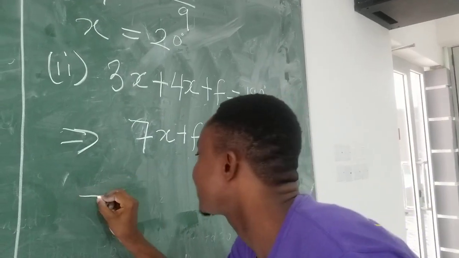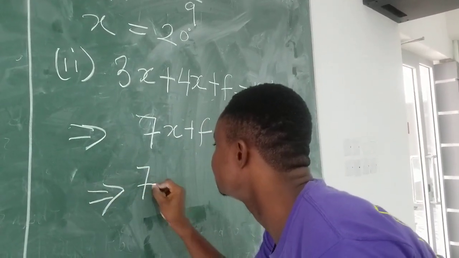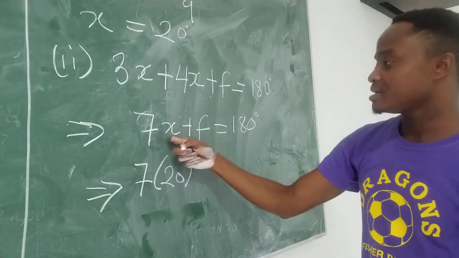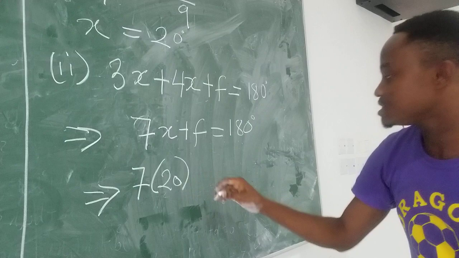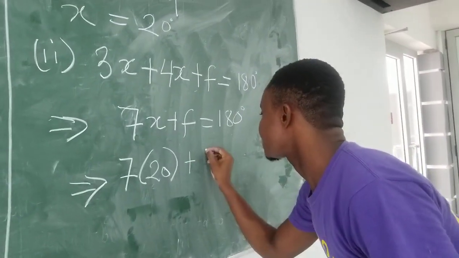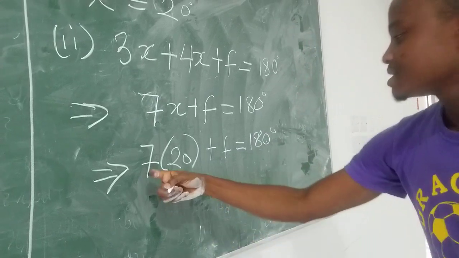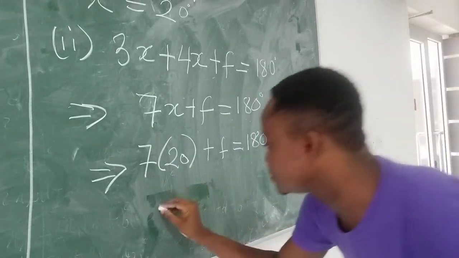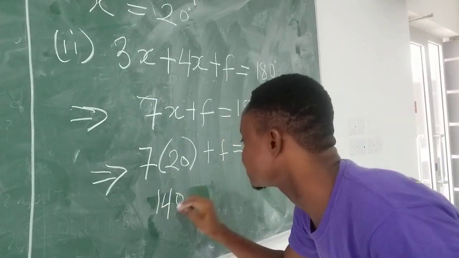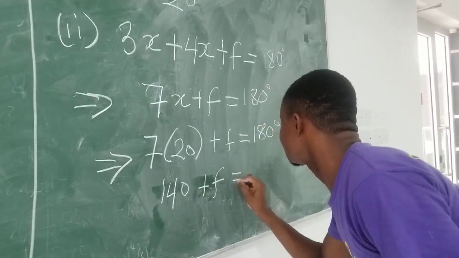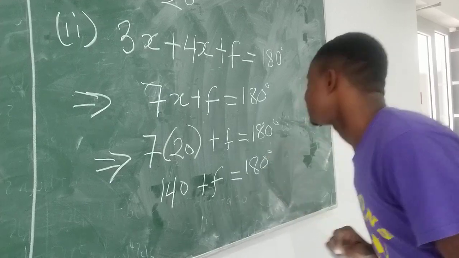Then our next step is to do substitution. x is multiplying 7, so 7 times 20 plus f equal to 180 degrees. 7 times 2 is what? 14, and then our 0, so 140, plus f equal to 180 degrees.